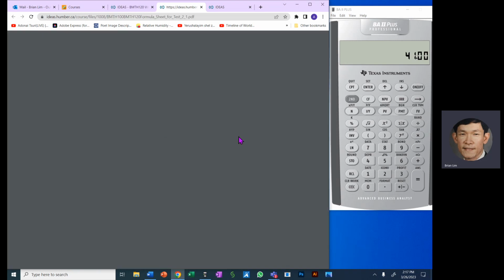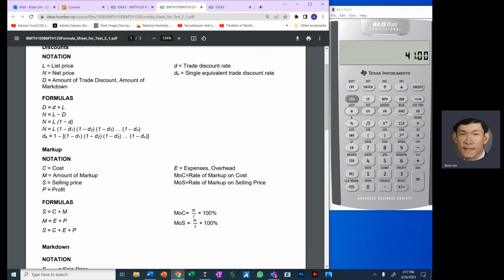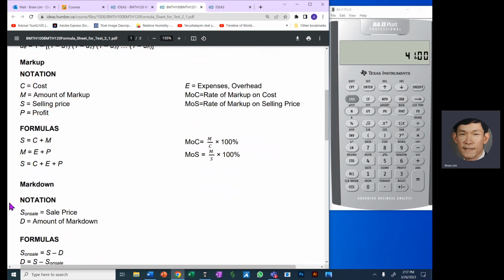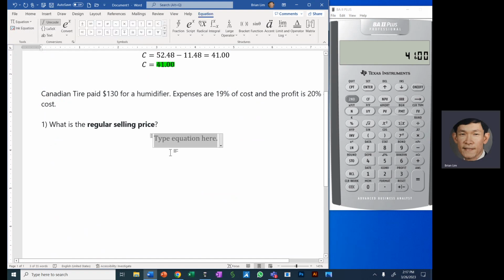There's the formula sheet, and so we have the cost plus we have profit this time, so we should use this formula right here. Okay, so selling price, we will have the selling price is equal to cost plus expenses plus the profit.